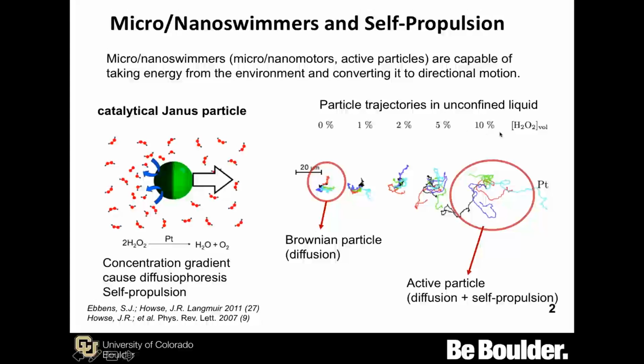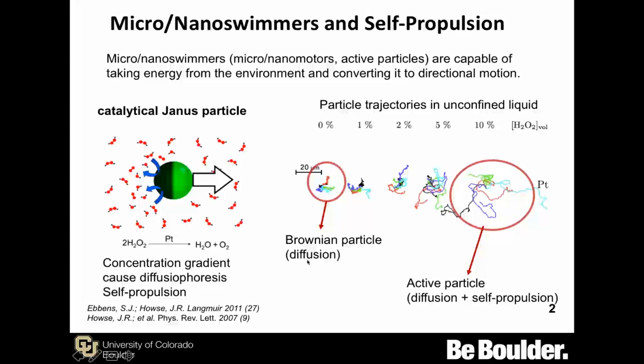When we increase the concentration of the hydrogen peroxide, which is a chemical fuel, we can see that the active particle becomes more directional, and the displacement of the trajectory at a certain time scale is significantly larger than the Brownian particle.